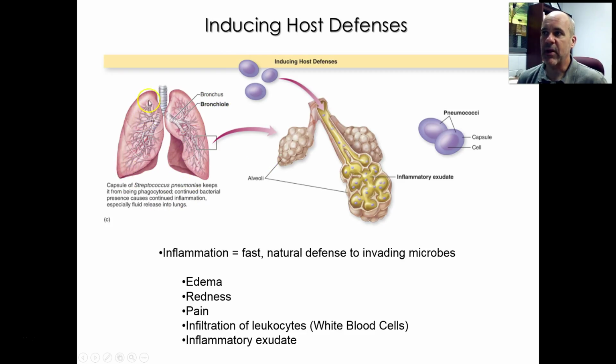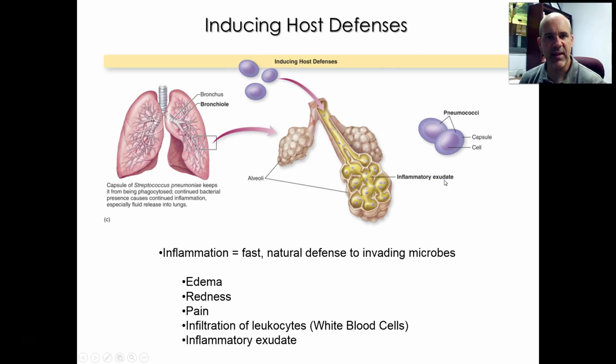So these bacteria go down deep into the lungs. They invade these alveolar sacs, the little air sacs in the lungs where gas exchange occurs with the blood, and the bacteria persist there because of their capsules. Your immune system cells have a very difficult time doing phagocytosis on them, and so that winds up causing inflammation to continue and continue, and you have a buildup of inflammatory exudate.